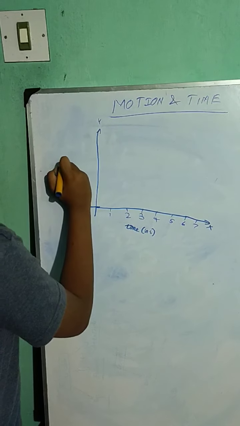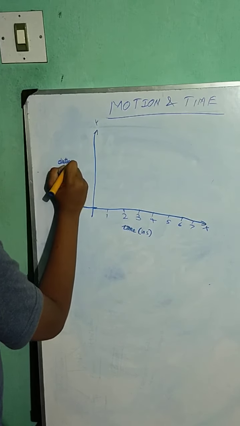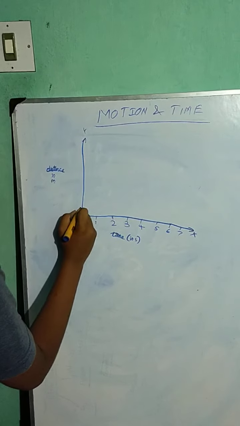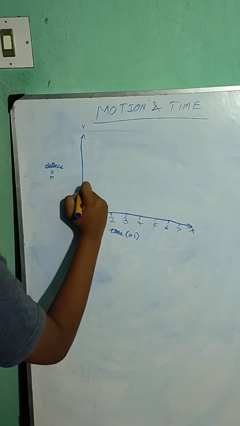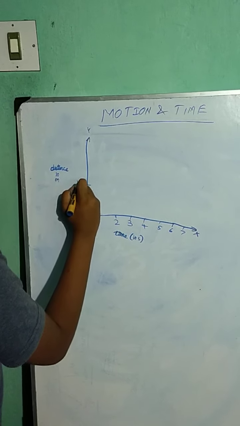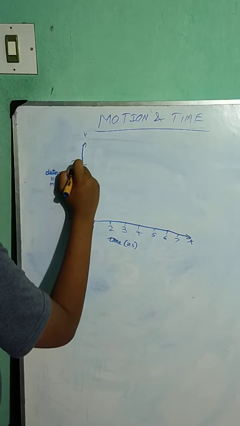Now distance in meters again: 5 meters, 10 meters, 15 meters, 20 meters, and 25 meters.